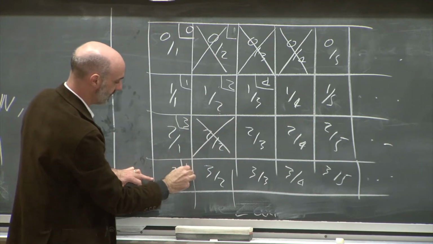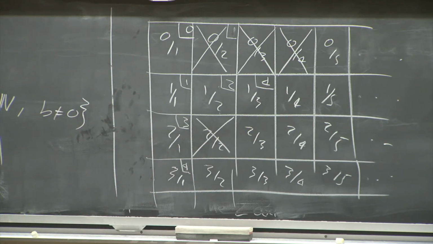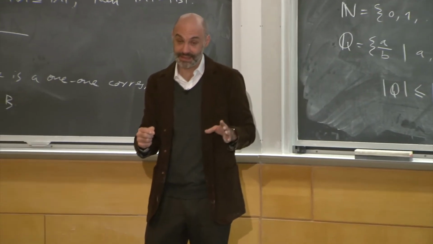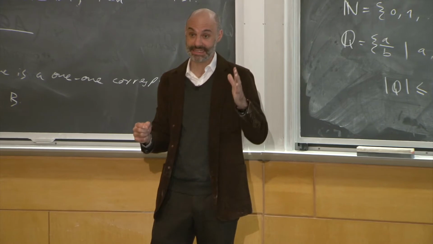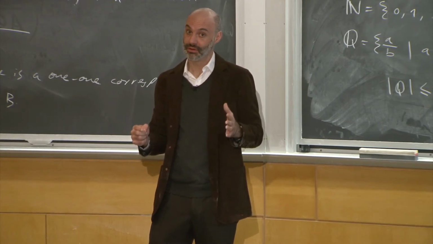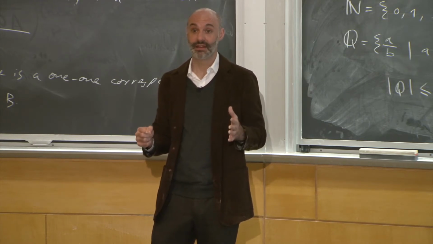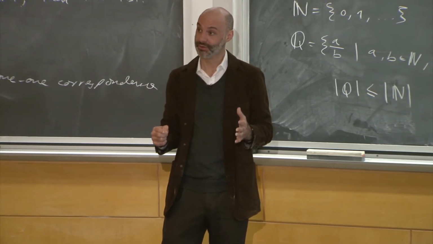And we keep going. So that means that every rational number got assigned a different natural number. So in our sense of just as many as, there are just as many rational numbers as there are natural numbers.